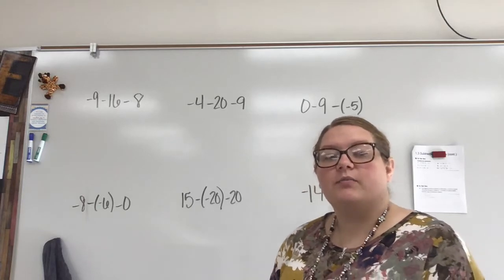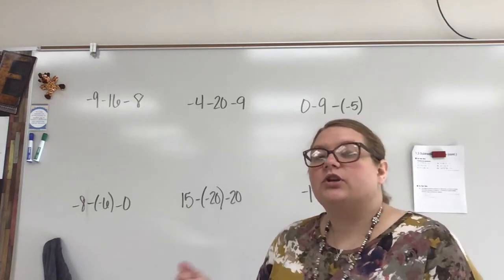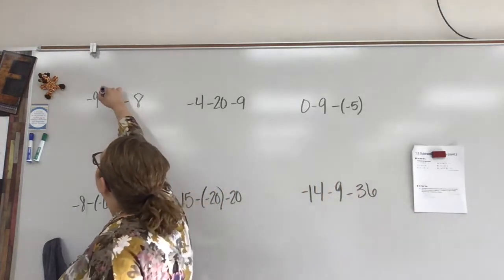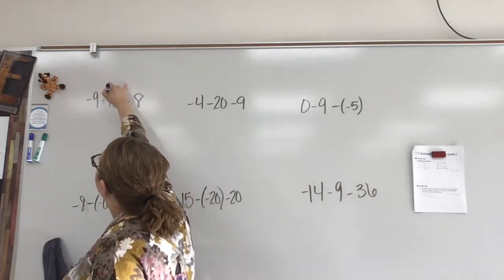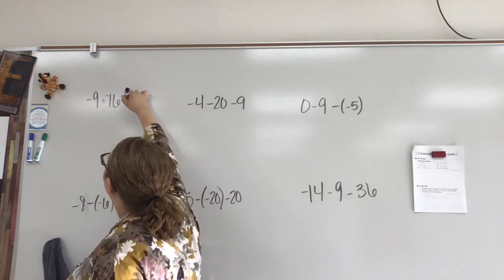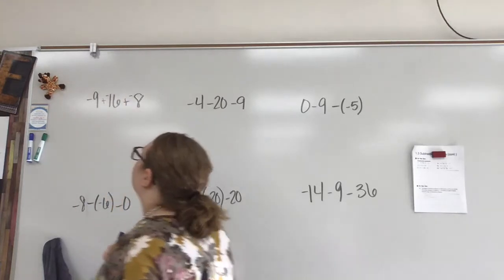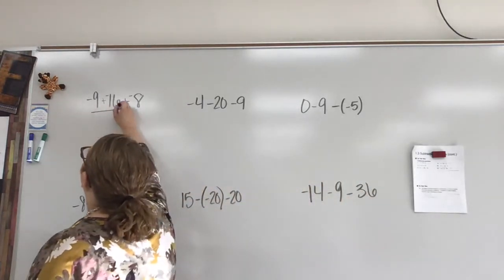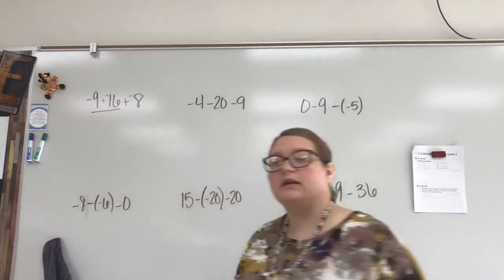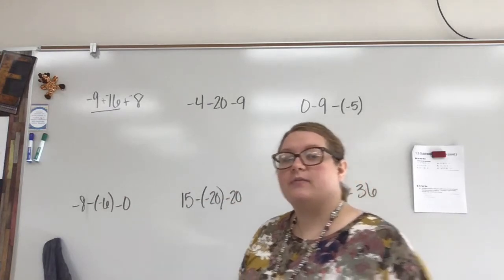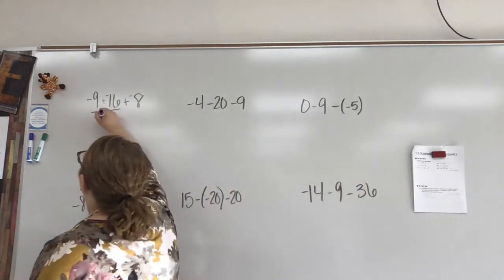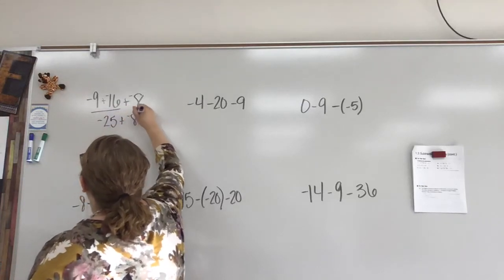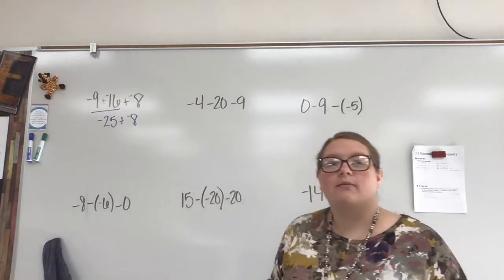So if we look at number 7, we are going to change the subtraction signs to addition and change the sign of the following number for both of them. Then I would combine -9 plus -16. Same signs, so we add them and keep the sign. We would get -25.